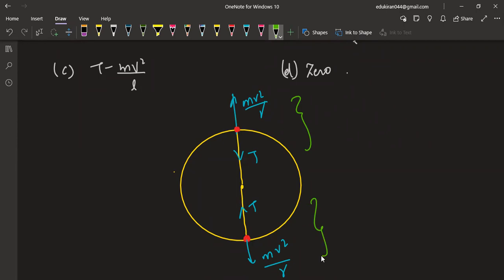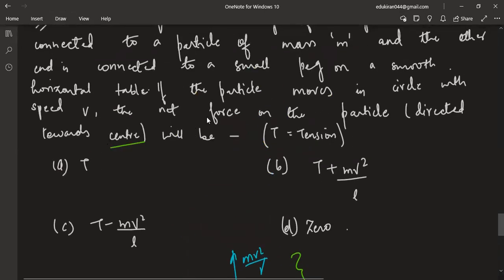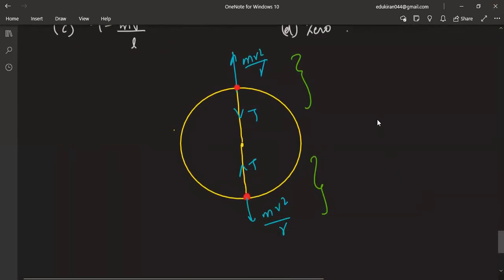But is this the question? Do we have to find out the net force? We have to find out the force that is acting along the center. Net force acting towards the center, not the net force entirely.